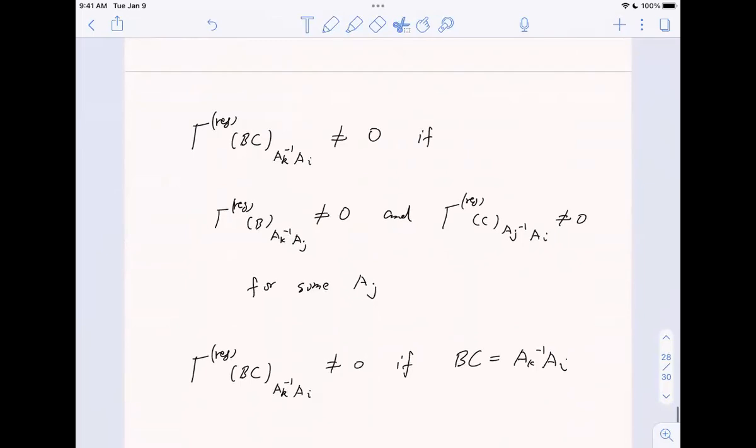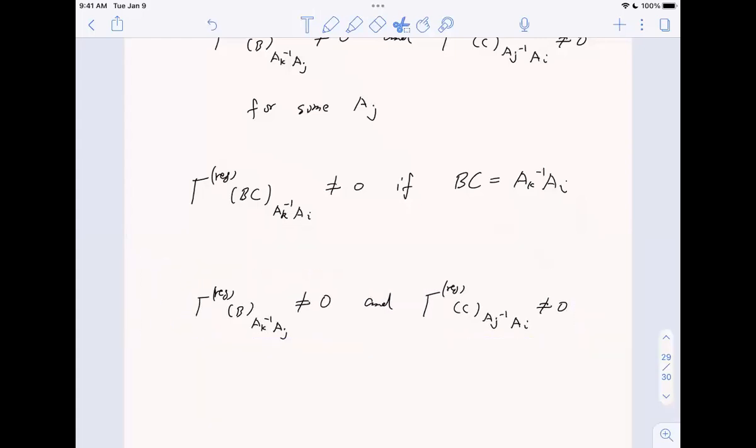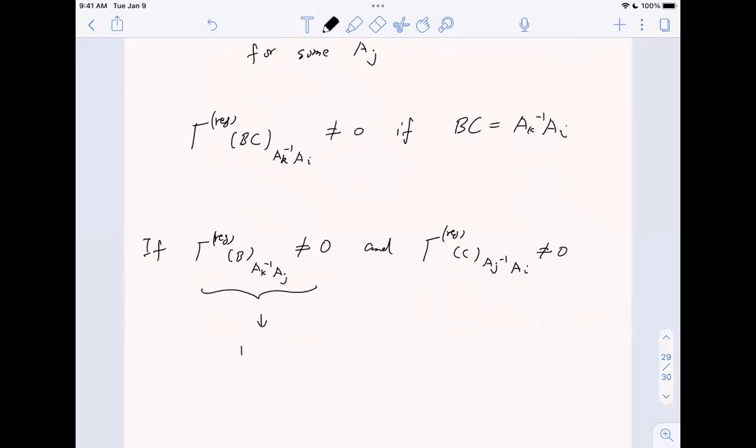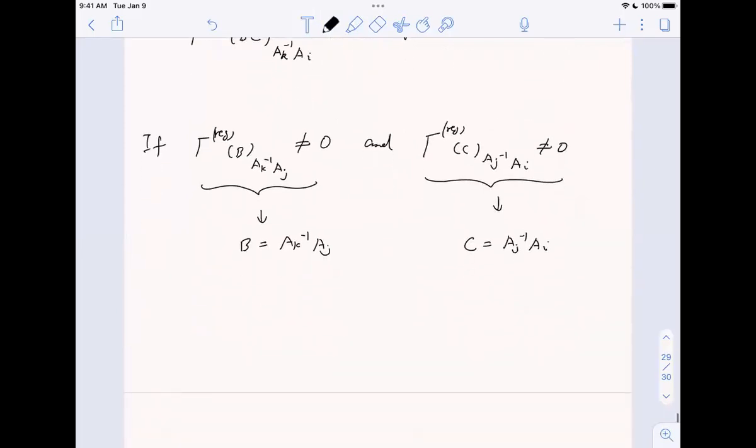For this condition to hold, B equals AK AJ inverse, and C equals AJ AI inverse. Then together, you can already get BC equal to AK, and this is just E. So you just get AK.